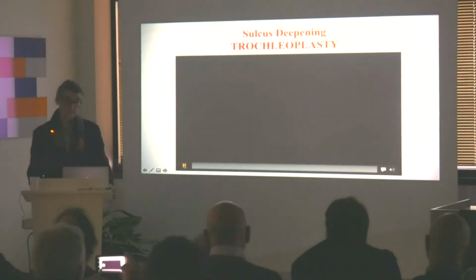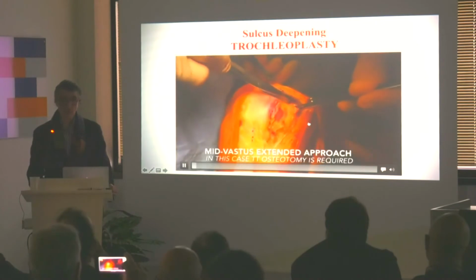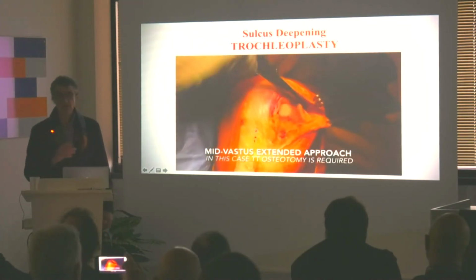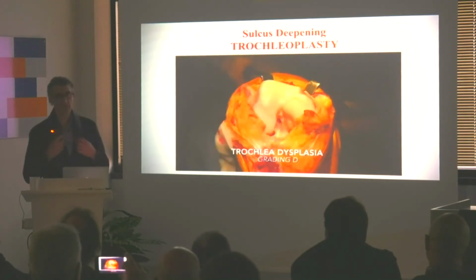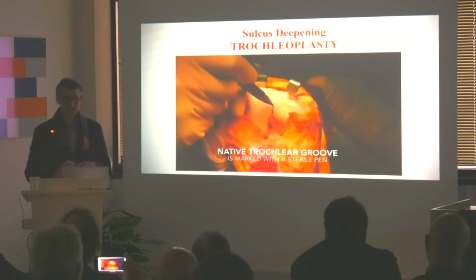So this is the video where you will see that we do a mid-vastus approach or a transquadricipital approach. I would say that I do mostly a transquadricipital approach now, because I can do a little bit of VMO-plasty too.